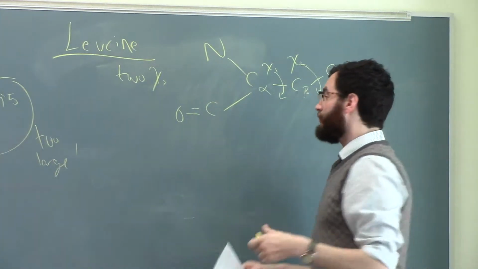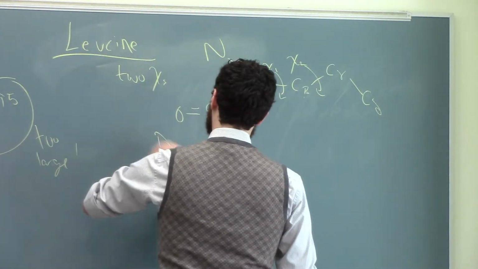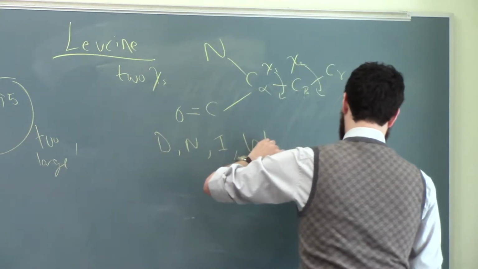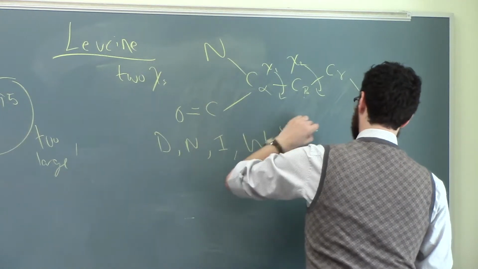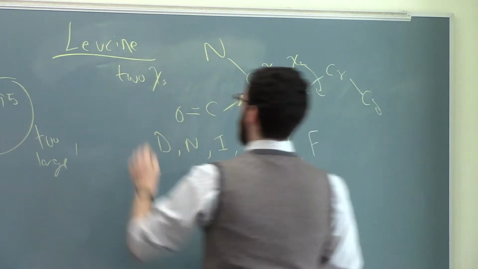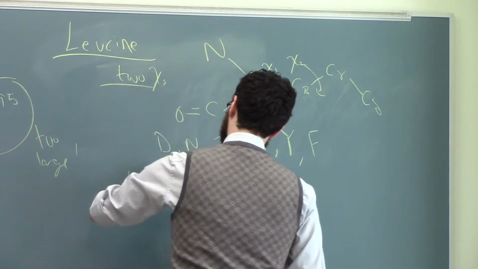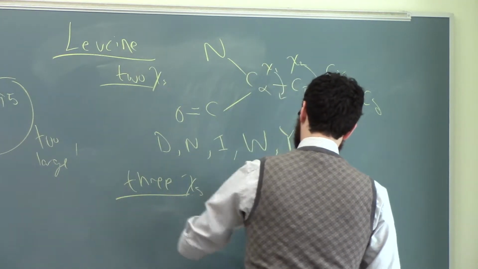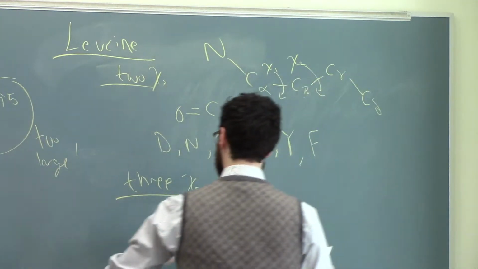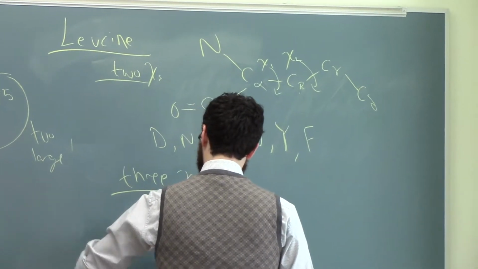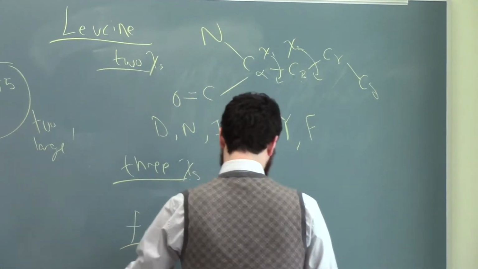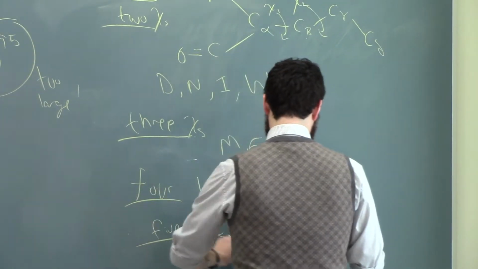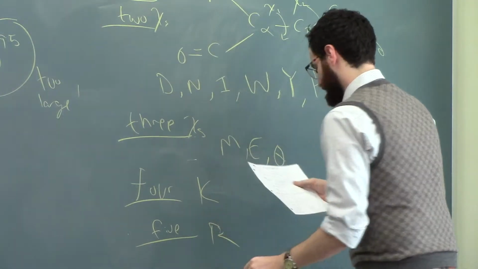And so other amino acids that have 2 chi's are aspartic acid, asparagine, isoleucine, tryptophan, tyrosine, phenylalanine. 3 chi's: M, E, and Q. 4 is lysine, 5 is arginine.